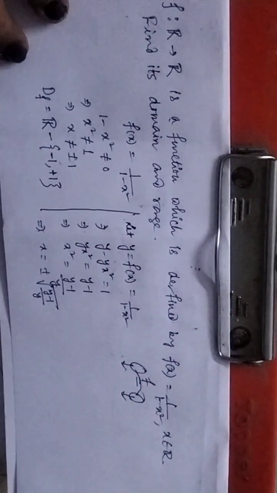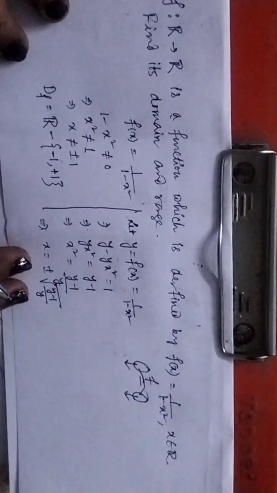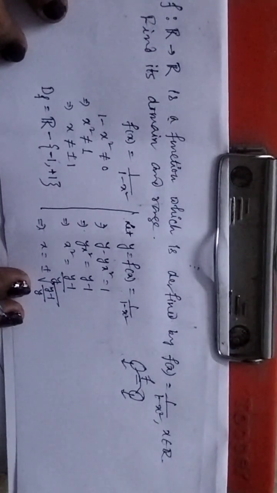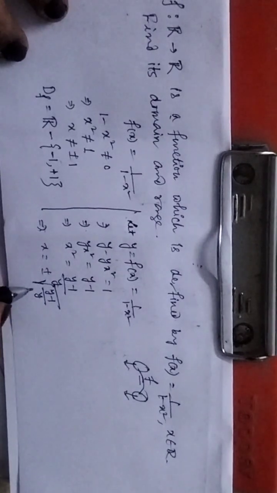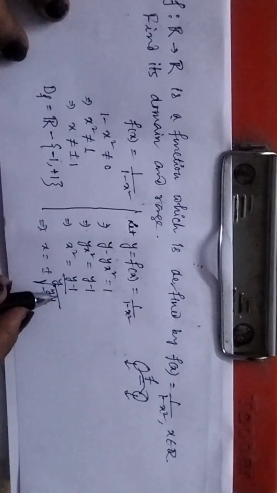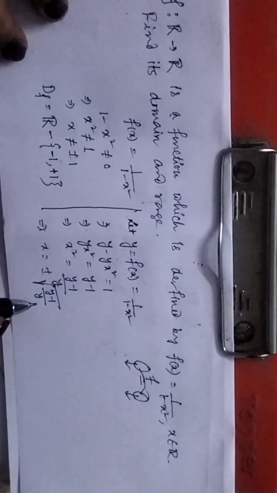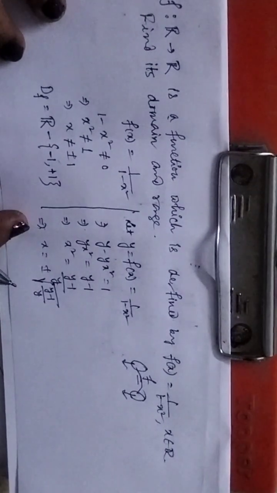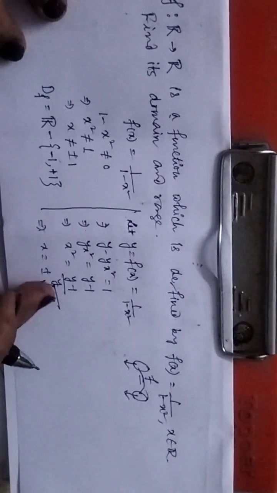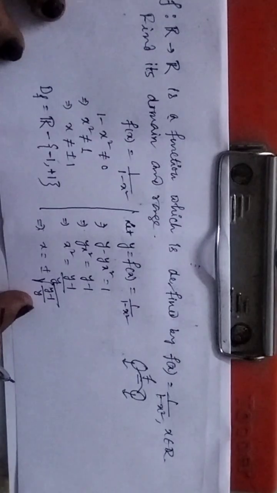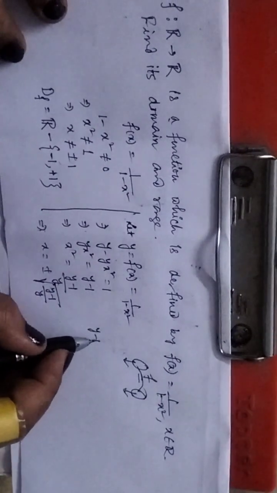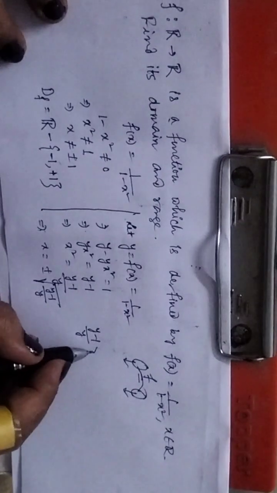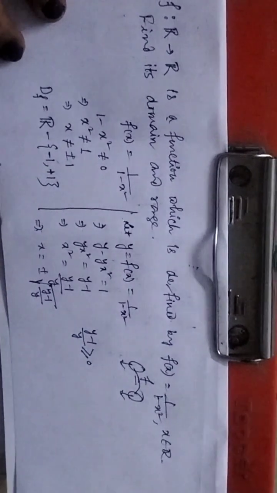Okay, right? So x is represented in terms of y. Make sure, students, this expression is inside the square root sign. So obviously, in order to get the real value of x, we must get y minus 1 by y as greater than or equal to 0.